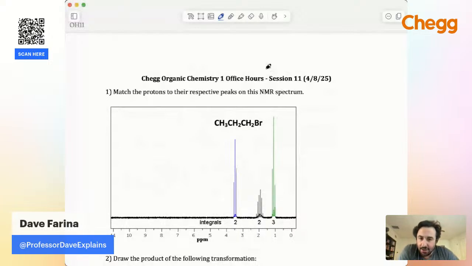But anyway, we've got 3 sets of chemically equivalent protons. Now, generally, protons that are on the same carbon are chemically equivalent. There are exceptions to that, for example, alkenyl protons. If 2 protons are on the same carbon participating in a double bond, those may not be chemically equivalent. It depends on what else is there.